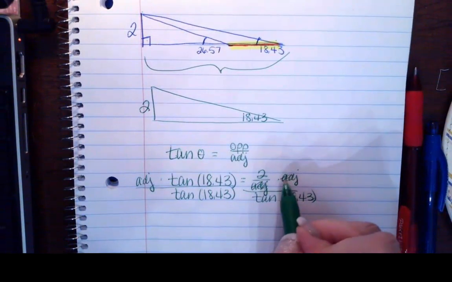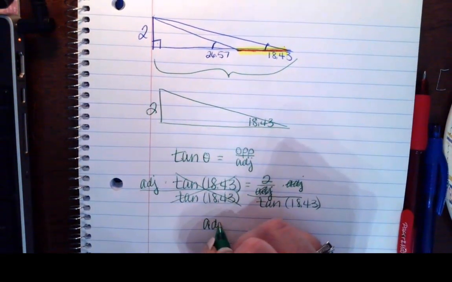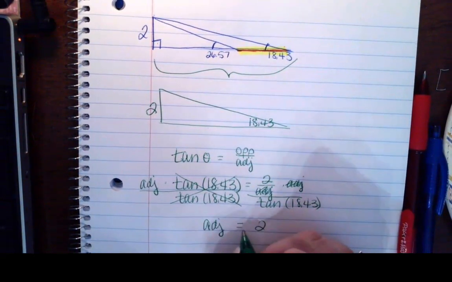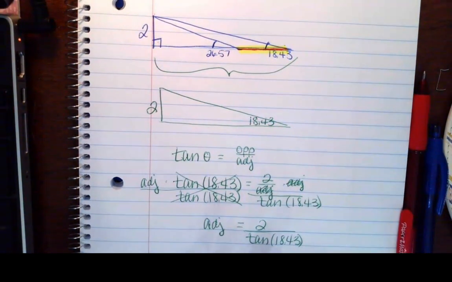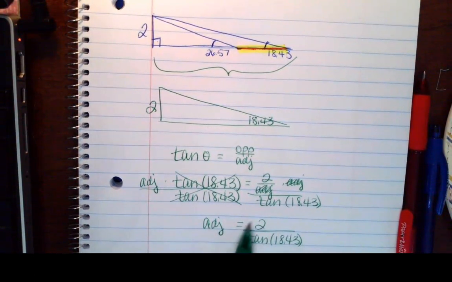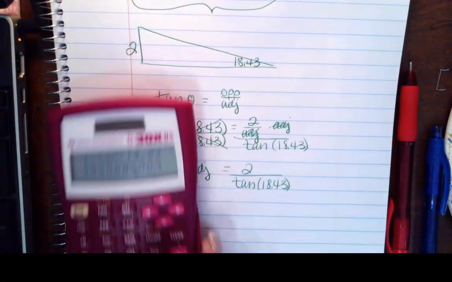So the adjacents reduce, the tangents reduce, so I'm left with the adjacent side is 2 over the tangent of 18.43. So what do we know again? This is the same thing as cotangent, but our calculator doesn't have a cotangent button.